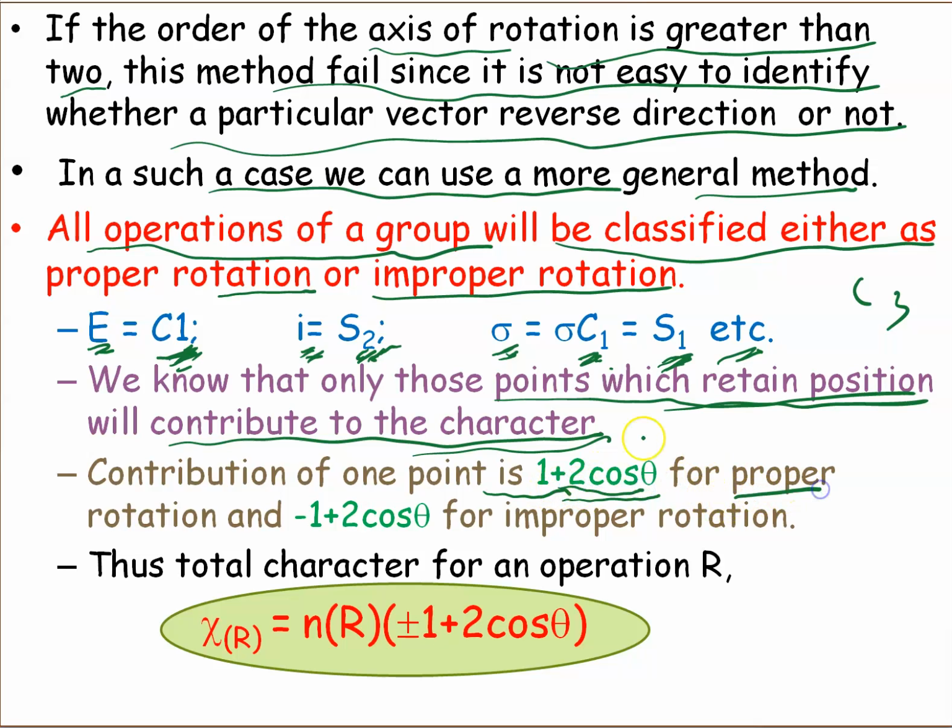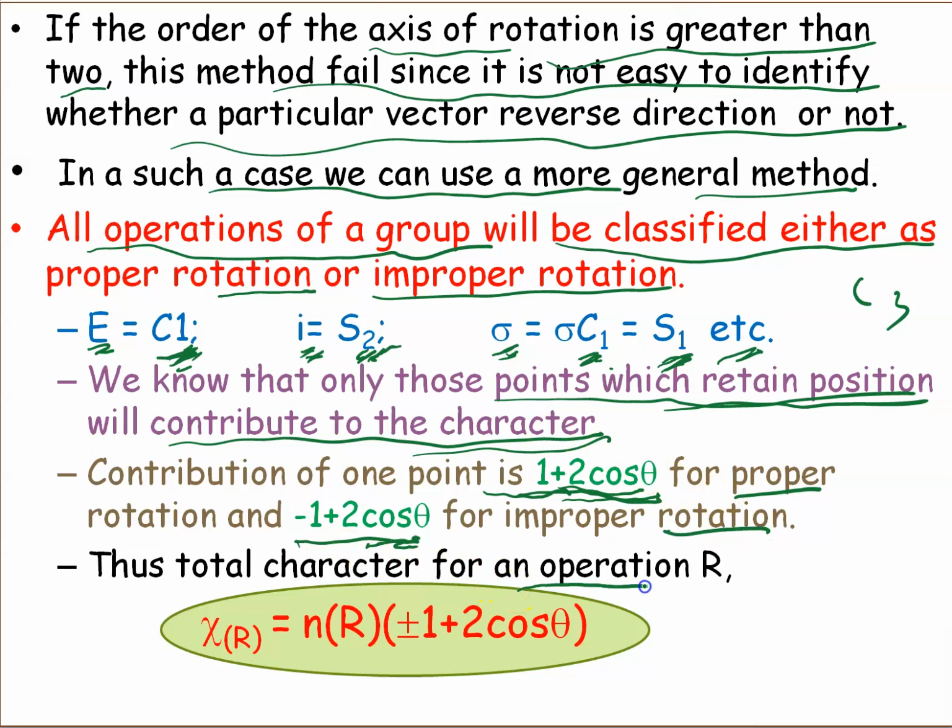For proper rotation the character is 2 cos theta plus 1. For improper rotation it is 2 cos theta minus 1.